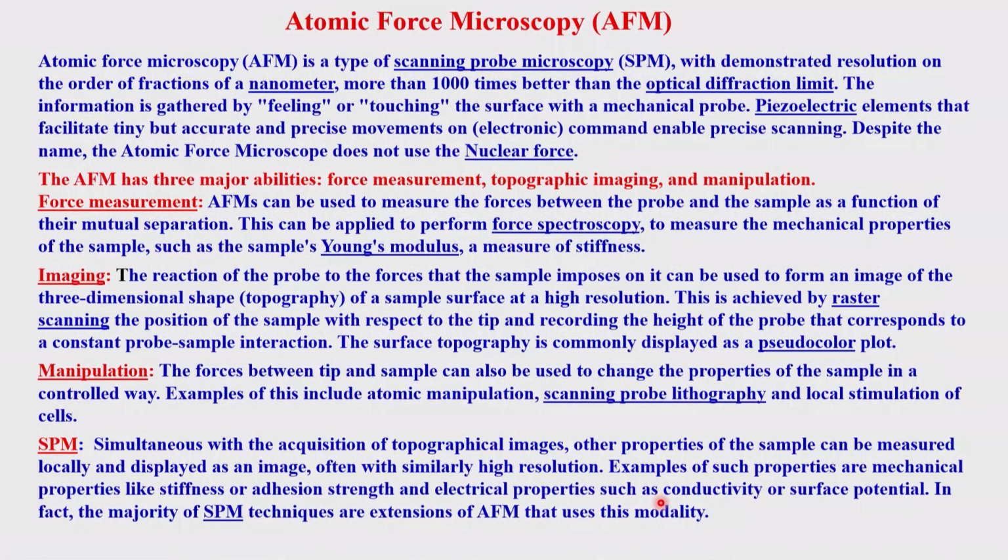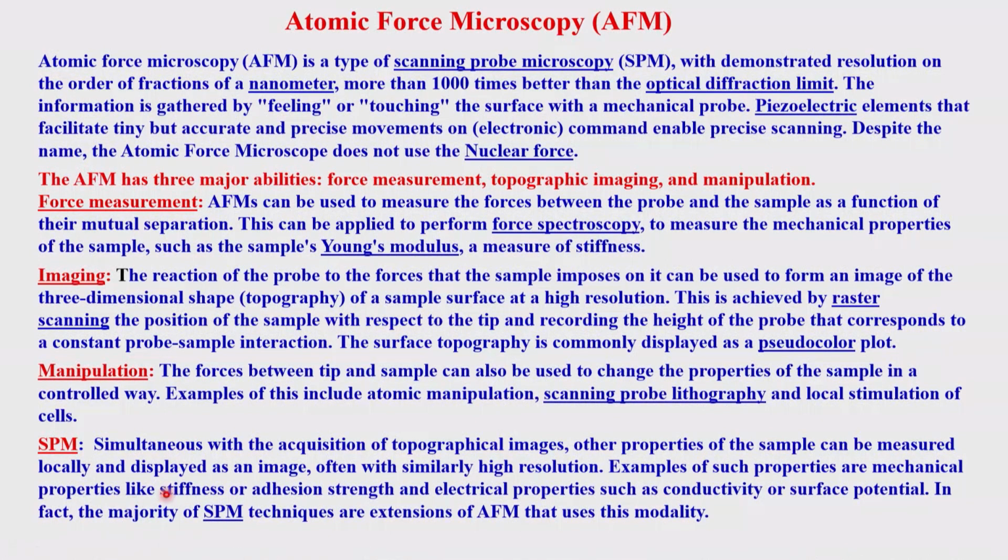Okay. So overall, atomic force microscopy, or scanning probe microscopy, is not only measuring the surface parameters of the topological image, but you can also get the other properties of the material.